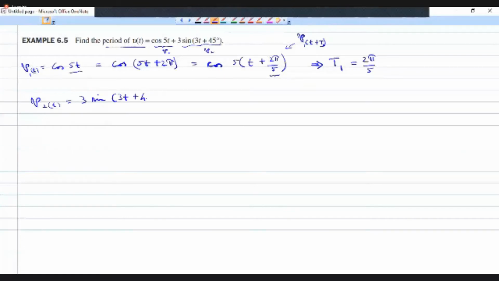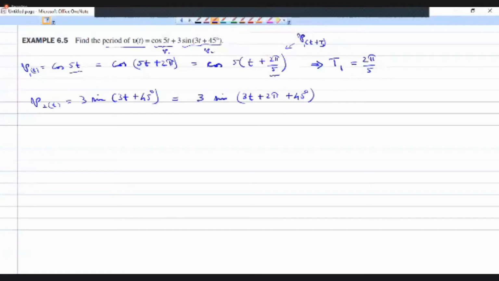We know that a sinusoidal function is periodic with period 2 pi. So again, I can add 2 pi to this. This could be written as 3 sine of 3t plus 2 pi plus the phase shift. We don't have to touch the phase shift. Assume that this function is phase shifted by an angle of 45 degrees. It doesn't matter here, so leave it as such.